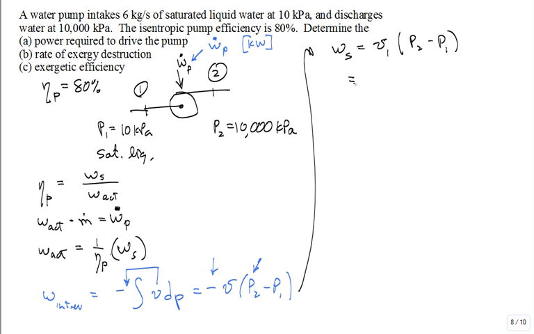We look up our specific volume, and it's typically very, very small. 0.00100102 meters cubed per kilogram. Look reasonable? Then we have 10,000 minus 10 times kilopascal. Now, what is a meter cubed times a kilopascal?